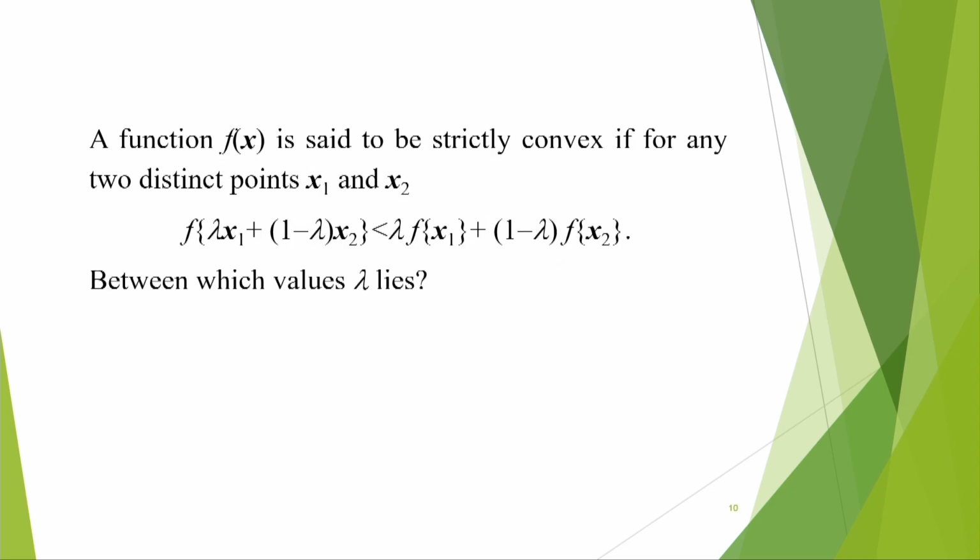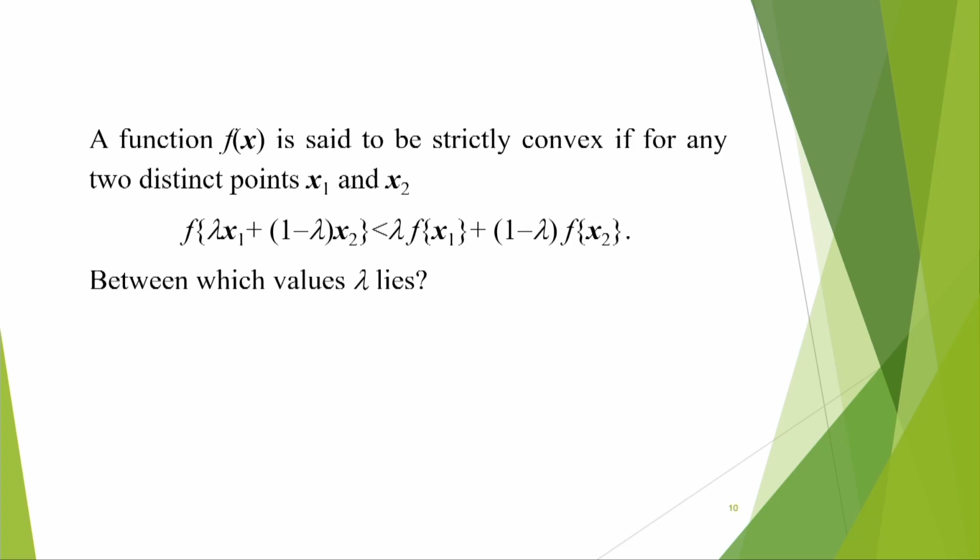Now I am asking another basic question. Suppose a function f(x) is said to be strictly convex if for any two distinct points x1 and x2, where x1 is basically a vector, and x1 may contain 2 coordinates, 3 coordinates, whatever.